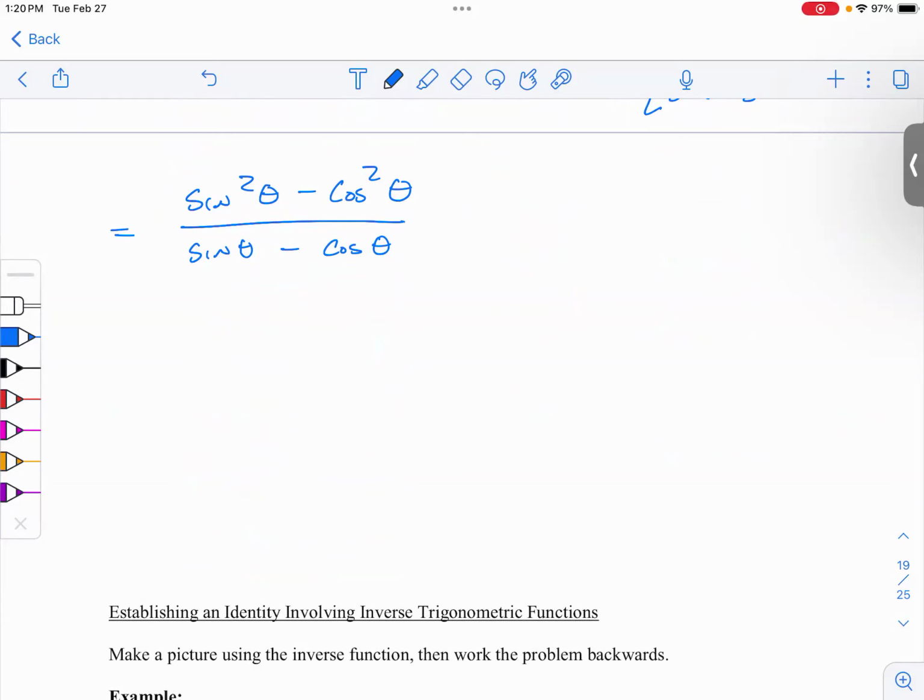And then once again, does anyone see what's going on? Look at our techniques. Convert to sines and cosines, done. Common denominator, done. Factor, is that done?